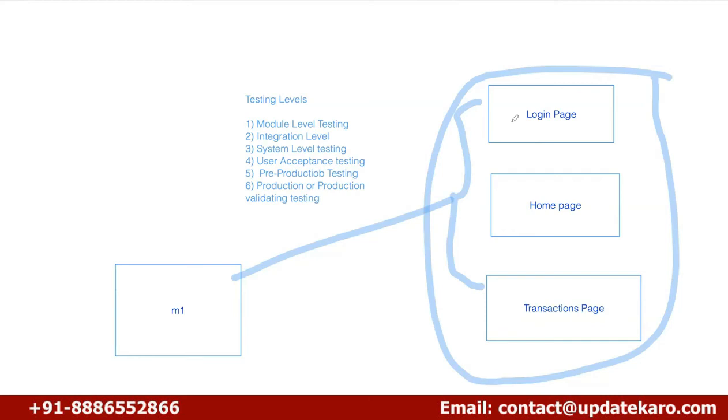Because the clients never believe us. If they directly install the application in the live environment and there are any bugs found, the customer will get losses, right? So that's the reason before releasing to the main live systems, they will do the testing on their own machines. So that is user acceptance testing.